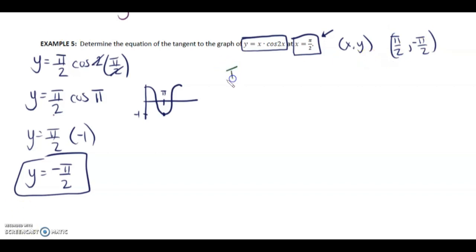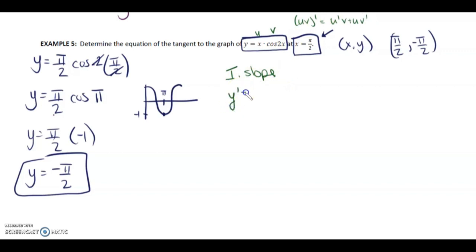So now let's do step 1, find the slope. We're going to find the derivative of this, using product rule. Our x is u, and our cos 2x is v, and the product rule is u prime v plus u v prime.